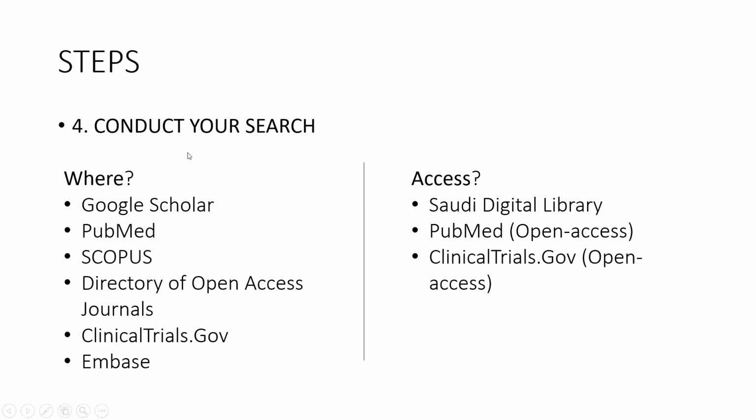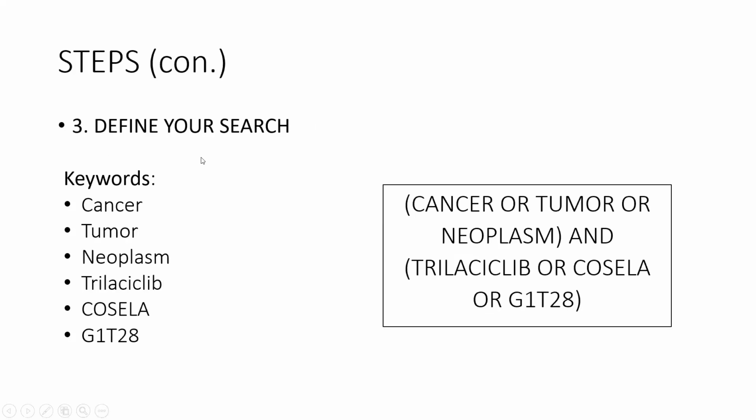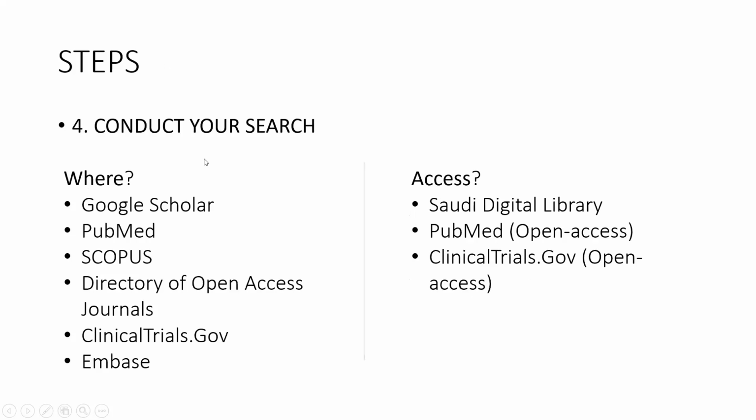So where do I look? Now I know how to search. I know the keywords, and I know how I'm going to phrase my search sentence. Where do I look? You look at Google Scholar, PubMed, Scopus, Directory of Open Access Journals, clinicaltrials.gov, and Embase. All of these are different choices you can choose from. However, you don't have to look at all of them.